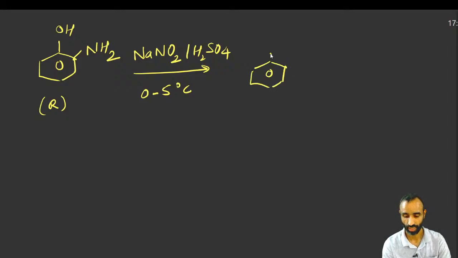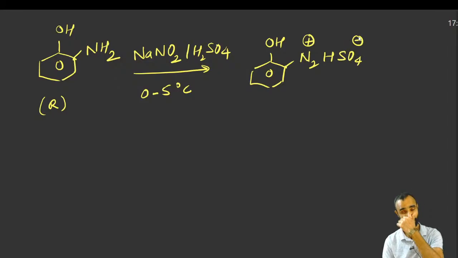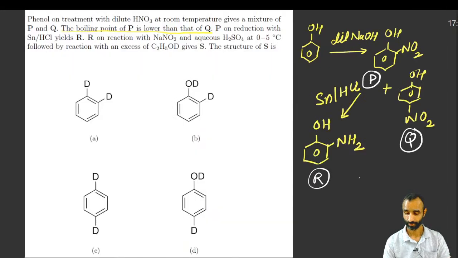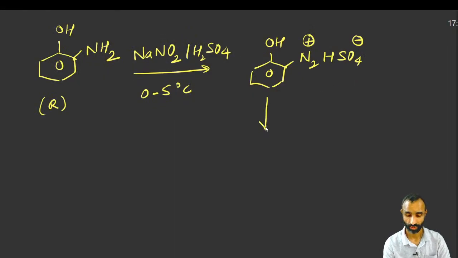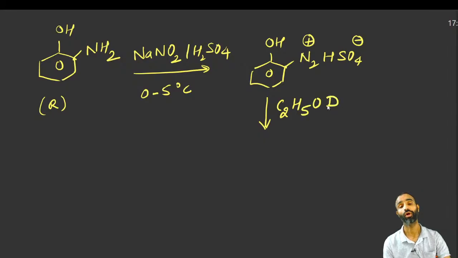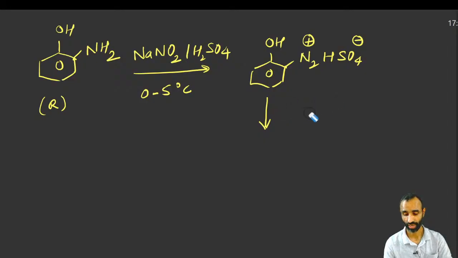So we get the diazonium salt, N2 positive, HSO4 negative. This product formed is then followed by the reaction with excess of C2H5OD. So tell me, what is the role of ethanol in this reaction? Let us say I write simple ethanol.